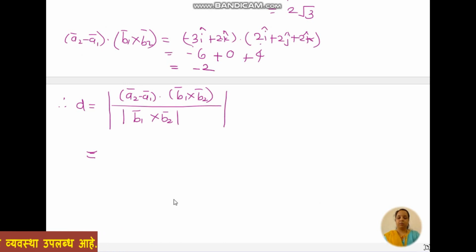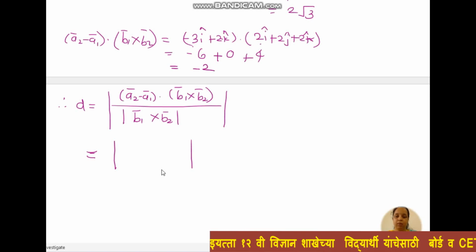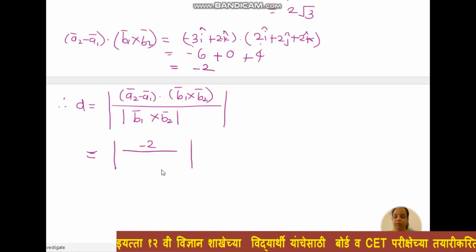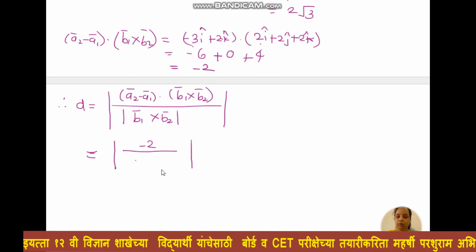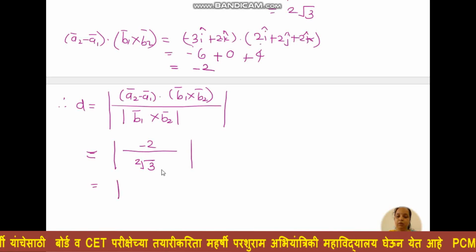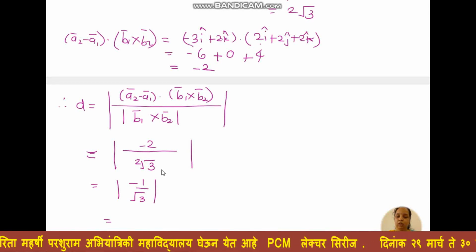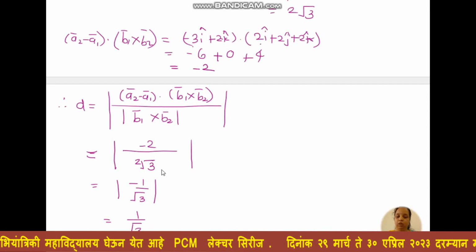Now substitute calculated values in formula. We get modulus of minus 2 divided by 2 root 3, which is equal to modulus of minus 1 upon root 3, which is equal to 1 upon root 3.